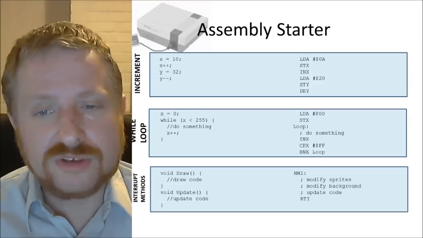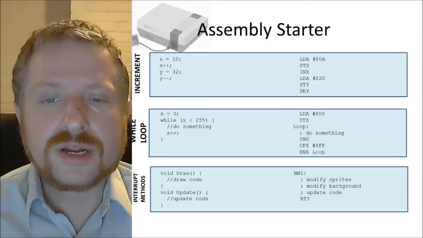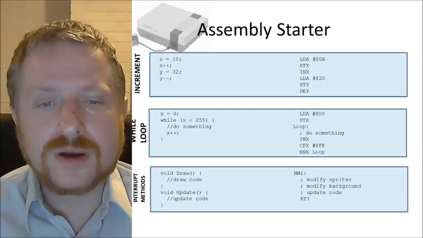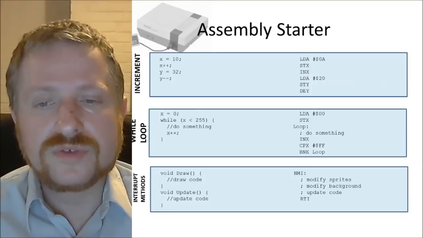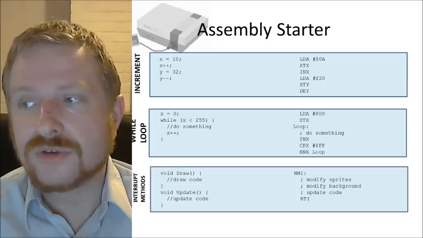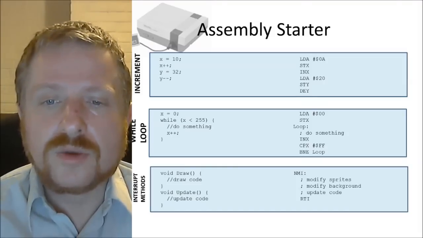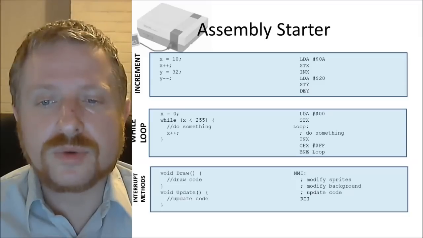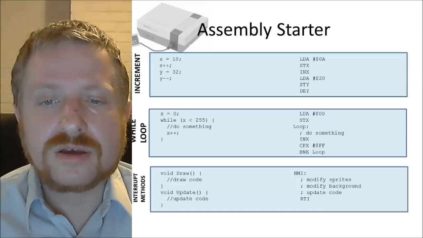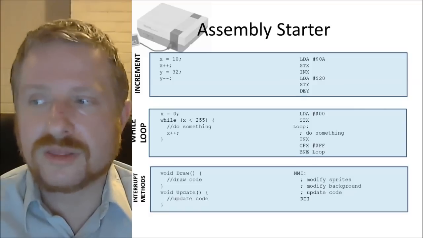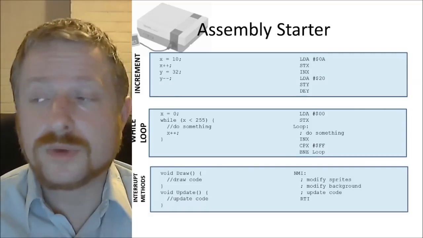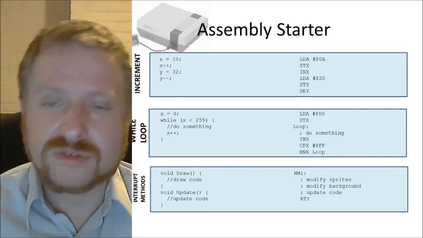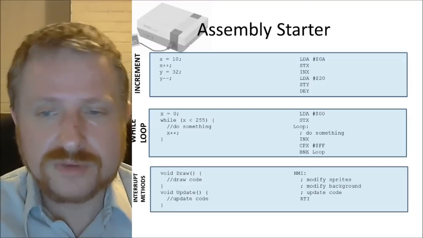We do something. Then we increment that value. Then we compare that value to 255, and FF is 255 in hexadecimal. The next statement is branch not equivalent. So while it's not equivalent to 255, we go back to loop and keep running that until it hits 255. Then when it does equal 255, it falls on through and continues on.